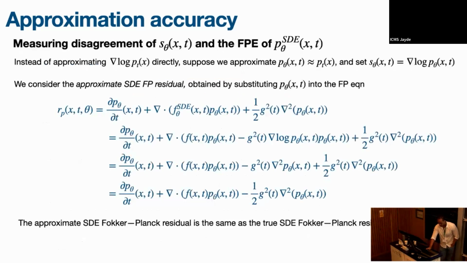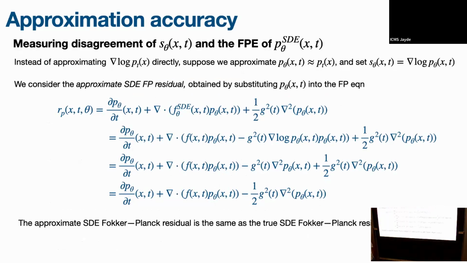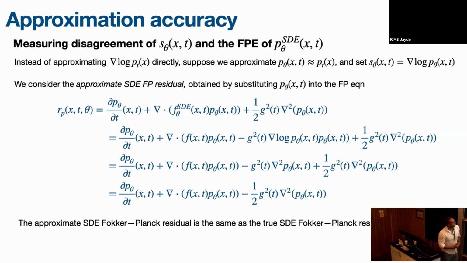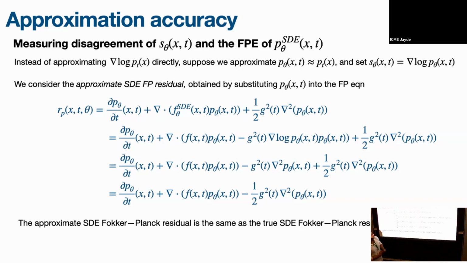Okay, so how do we measure disagreement between our score model and the Fokker-Planck equation? Well, you wouldn't do this in practice, but assume that instead of parameterizing a neural network for the score, we parameterize one for the density.